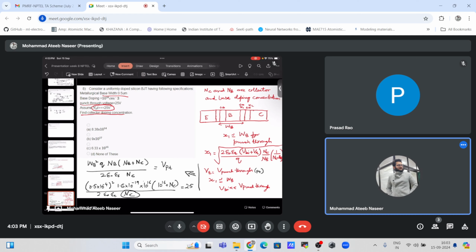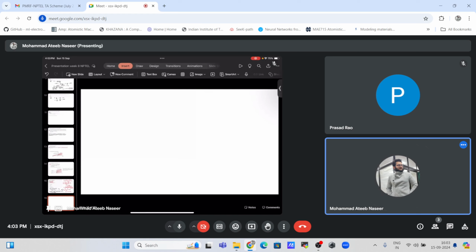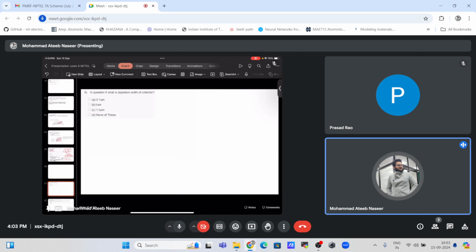So let's move to another problem. We have to find the depletion width of the collector. So it will be simply x2, which we saw in this region, and x2 will be given by 2 times epsilon naught epsilon r, this V punch through, NB by NC, 1 by NC plus NB by q.